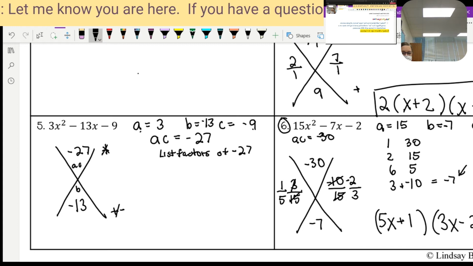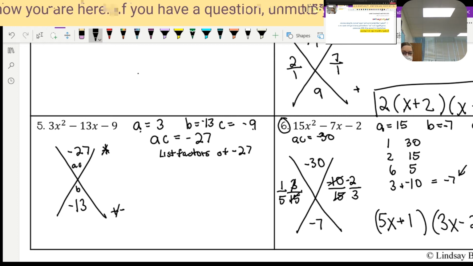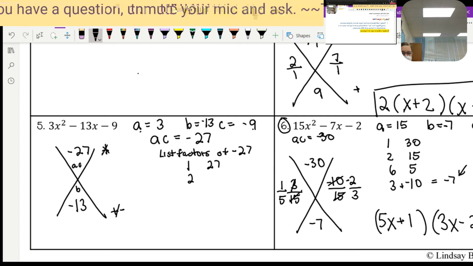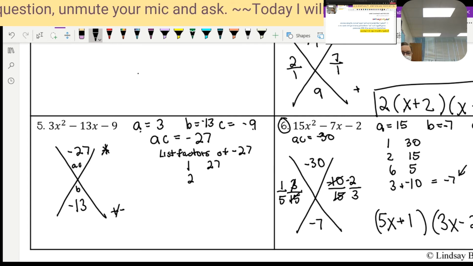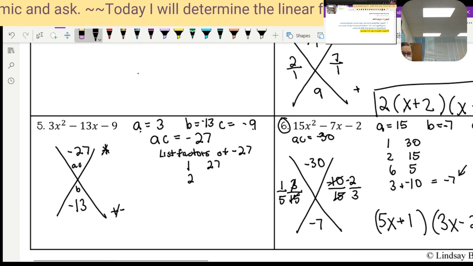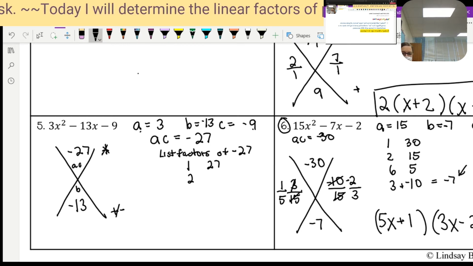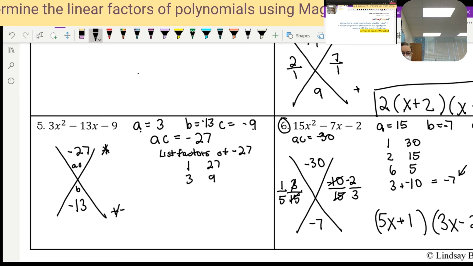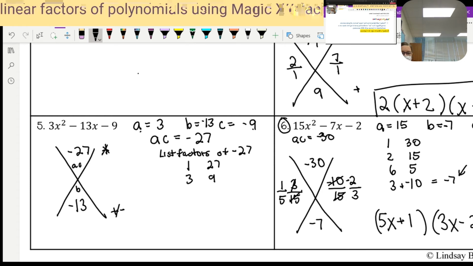Of -27. So that's 1 and 27, 2 and nothing. So 2 doesn't work. 3 and 9, and let's see what else.